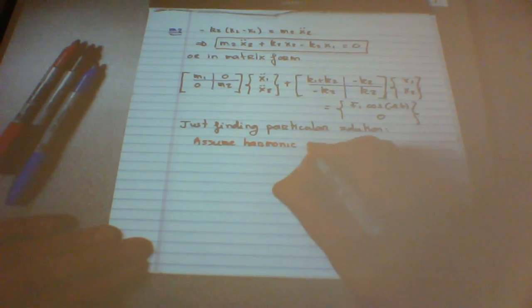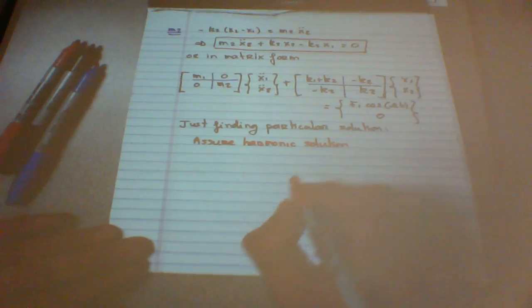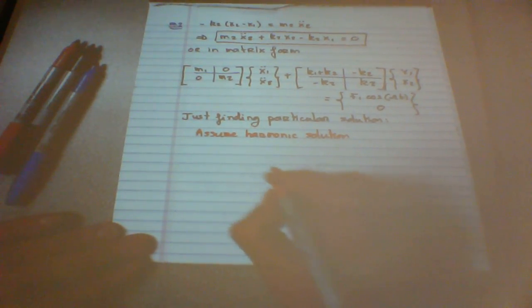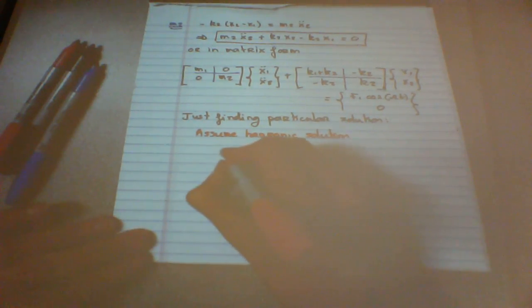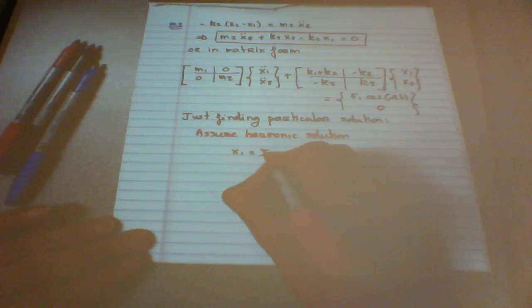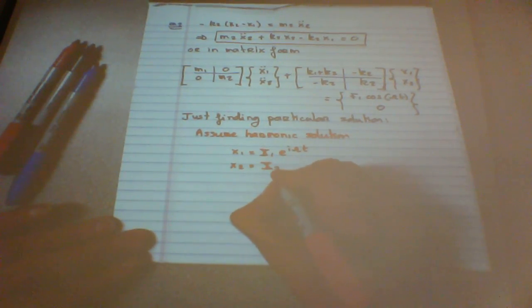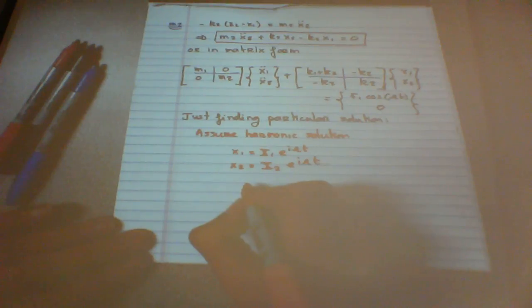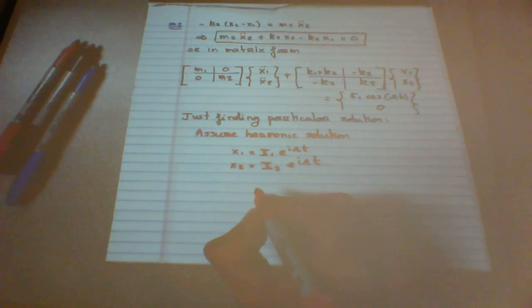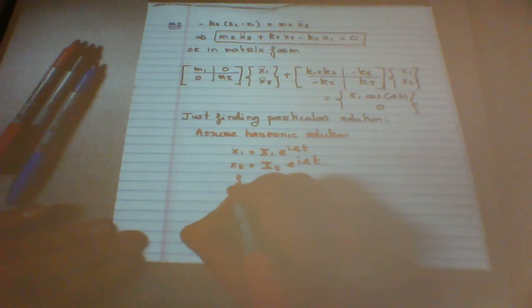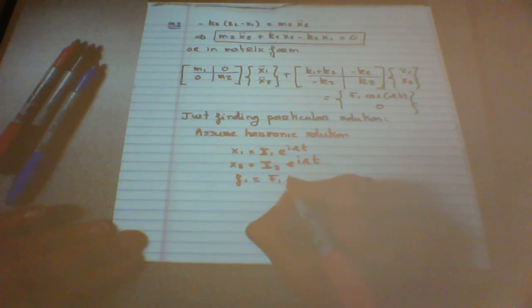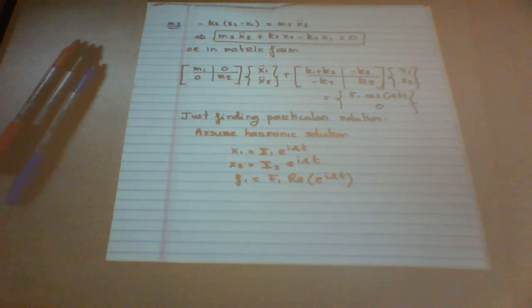So we assume a harmonic solution: x1 equals capital X1 e to the i omega t, x2 equals capital X2 e to the i omega t, and the force F1 equals capital F1 e to the i omega t. Afterwards we take only the real part.